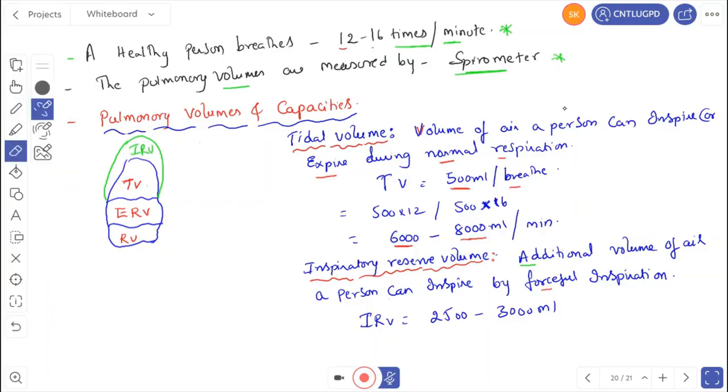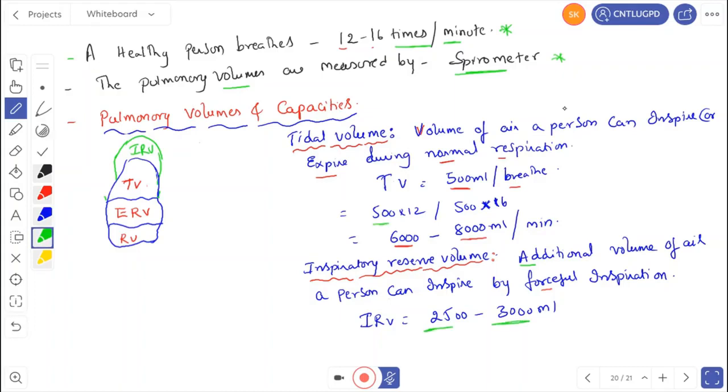It is around 2500 to 3000 ml. Normally tidal volume is 500, and in addition you are breathing 2000 to 2500 ml extra. That is called inspiratory reserve volume.